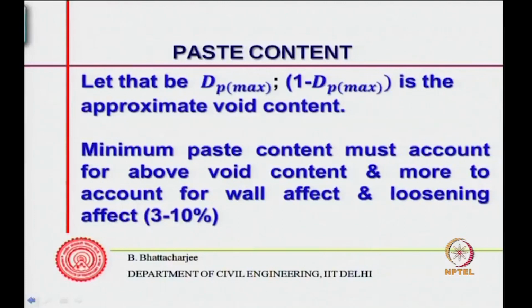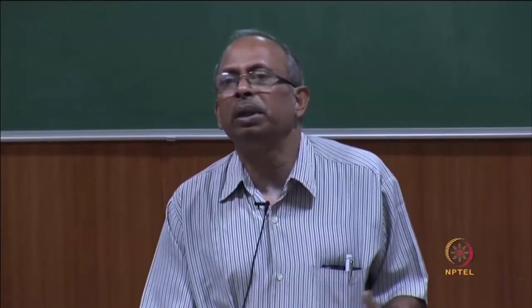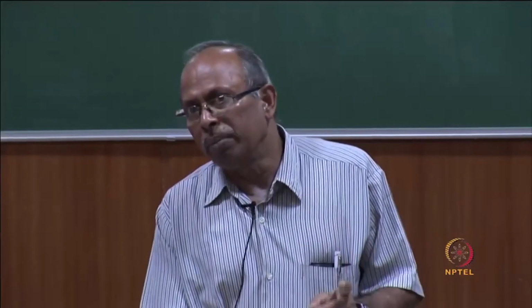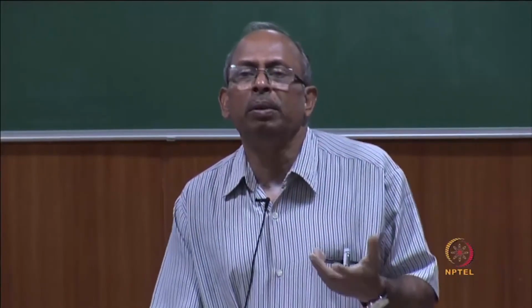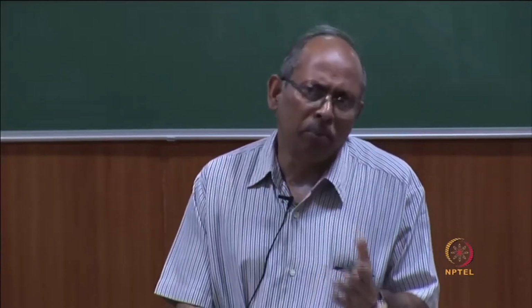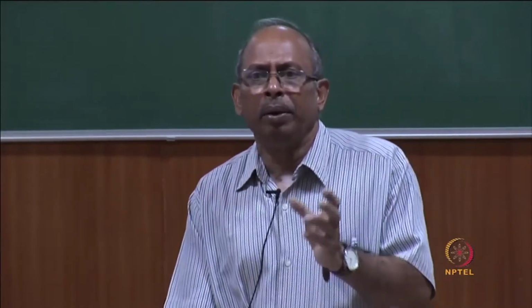So, let us go back to the slide again: 1 minus dP max into 1.1, that should be your minimum paste content in the system, because 10% will cause dispersion of the coarse aggregate. It could be somewhat less, but in a conservative way we can start with 1 minus dP max into 1.1, and that is the minimum paste content.